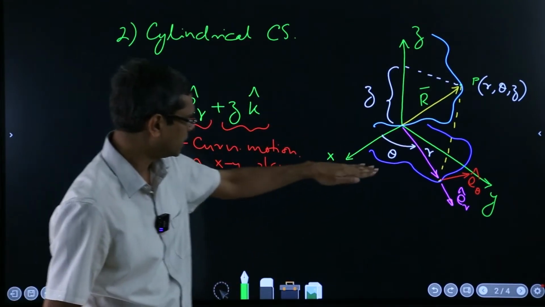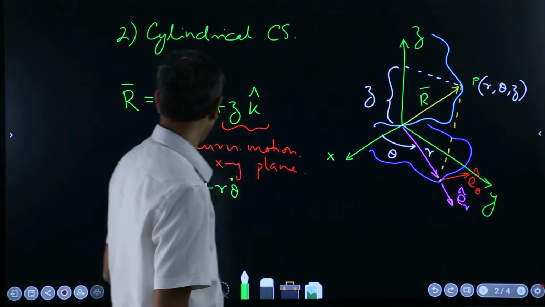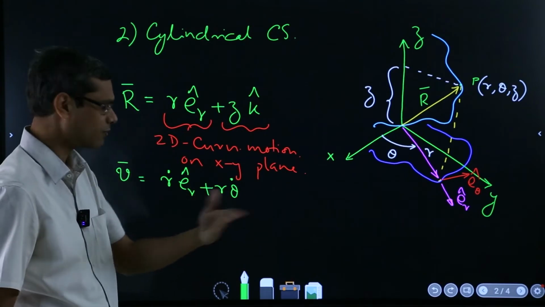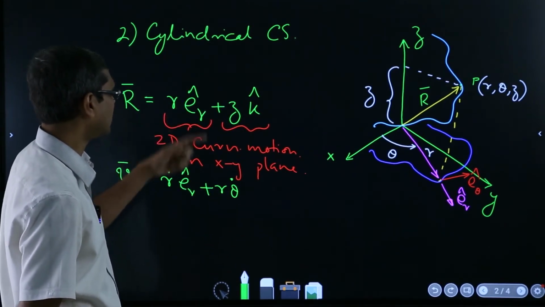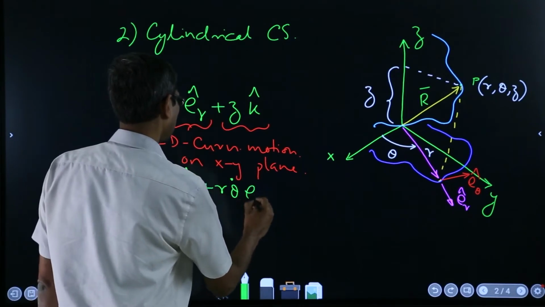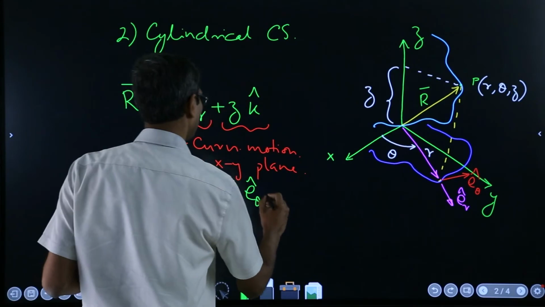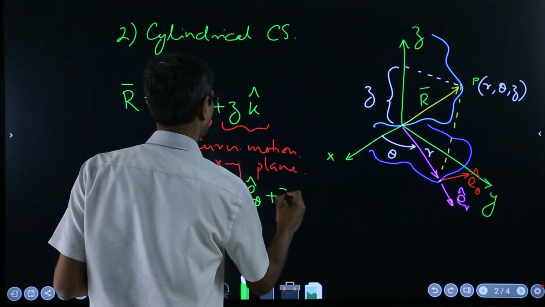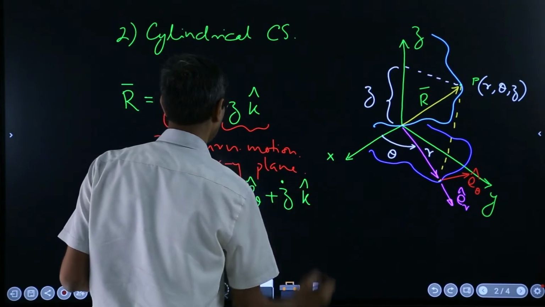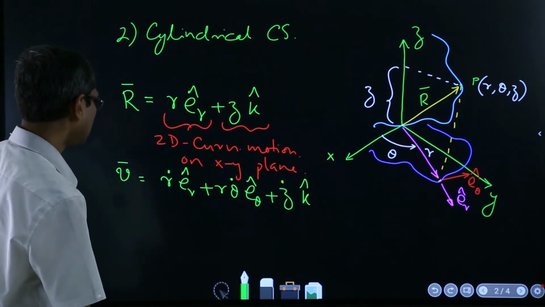But this is a 2D curve living on the xy plane, and while differentiating e_r you have to take into account that this varies with time. So from there it will come, plus z dot k. So this is what the velocity will be.